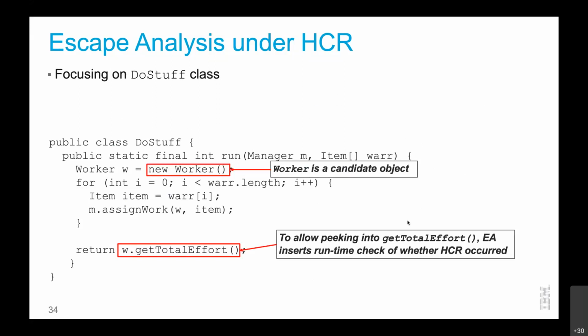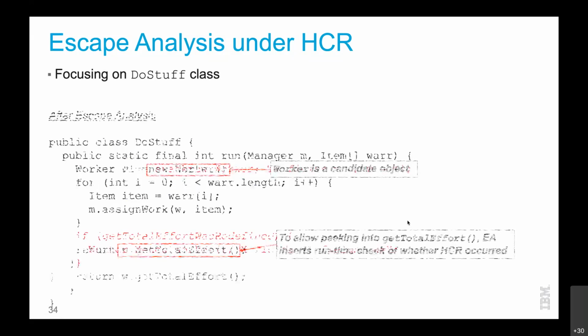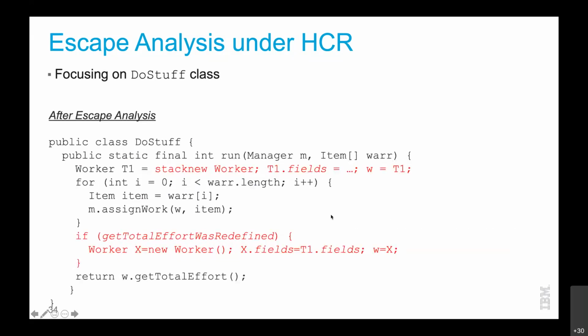In order to allow EA to happen, we have to attempt to peek into the getTotalEffort method. And in order for EA to do that now with this improvement, it will insert a runtime check of whether HCR occurs, so that it will deal with the potential invalidation of any information it gathers.